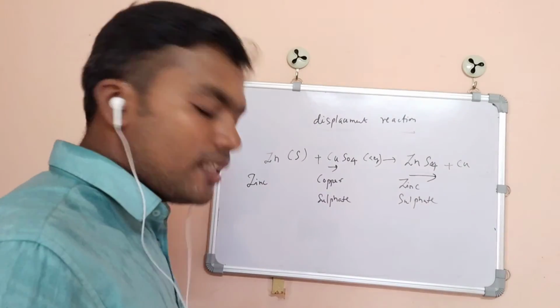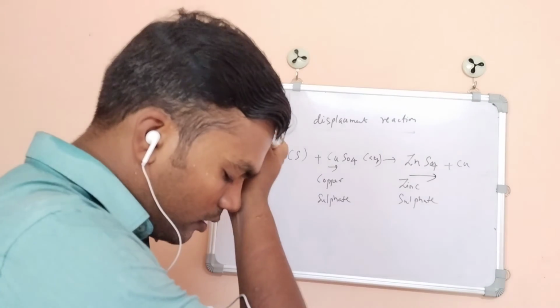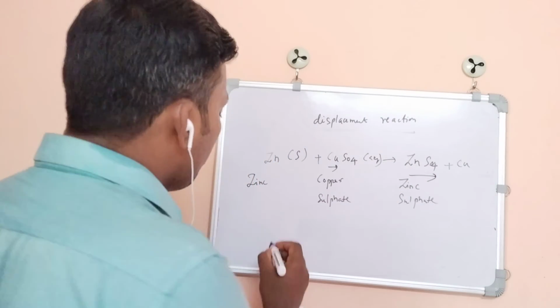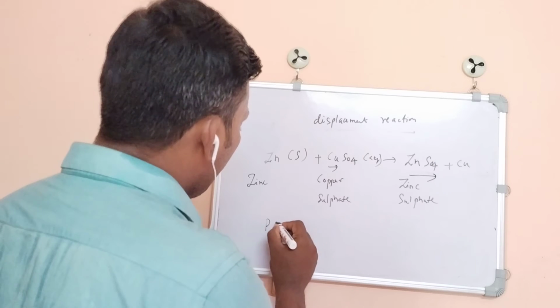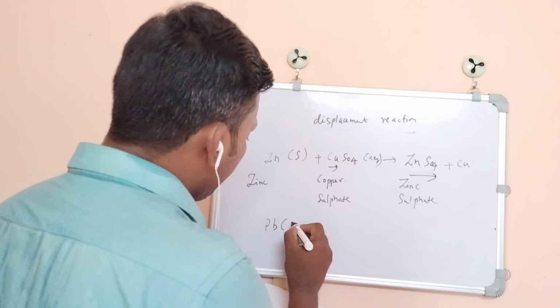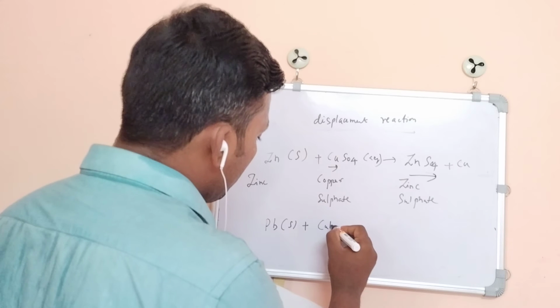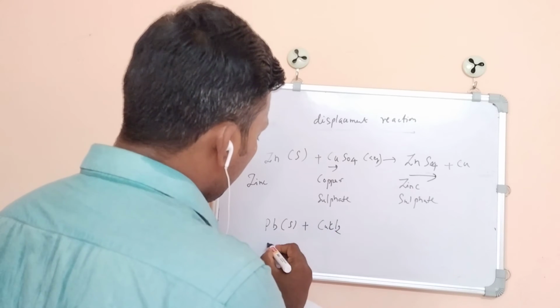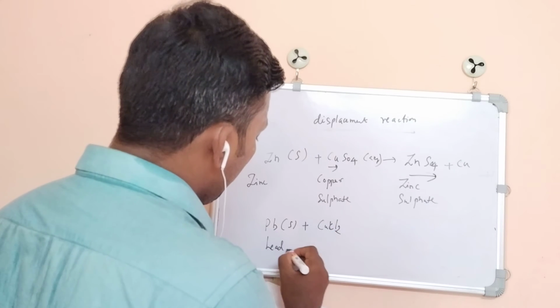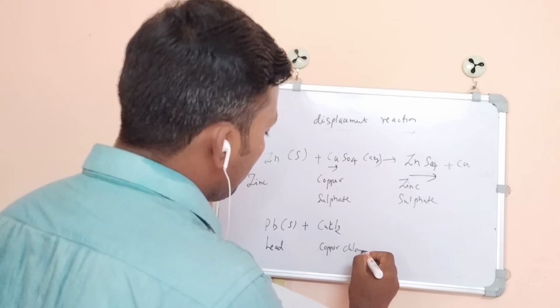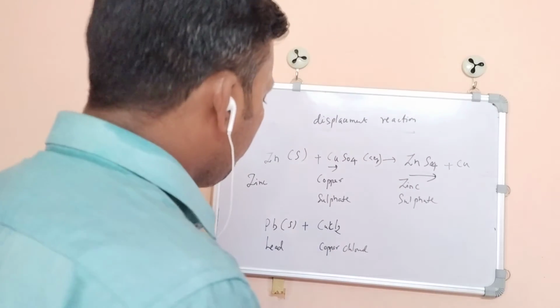I am going to write some more examples in order to understand the displacement reaction. Okay, the second example is lead reacting with copper chloride.